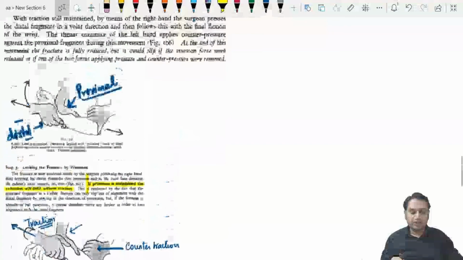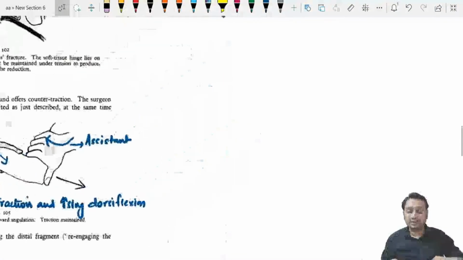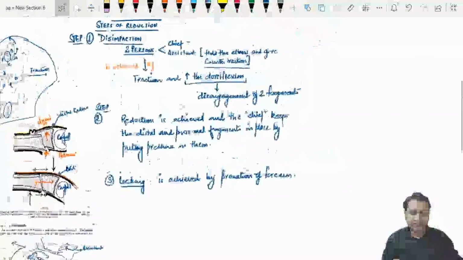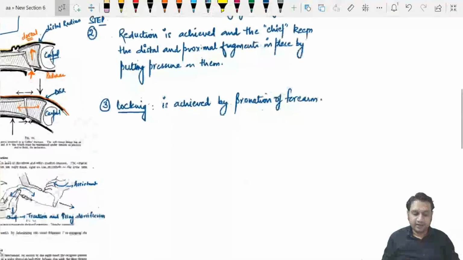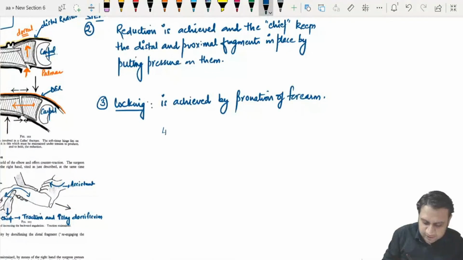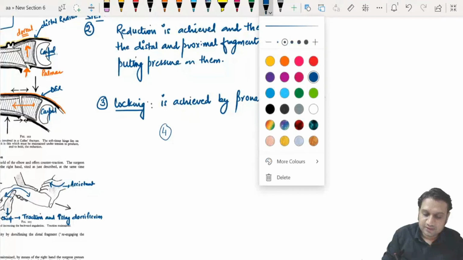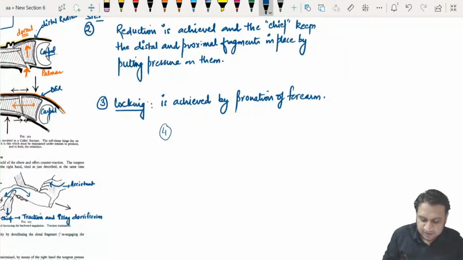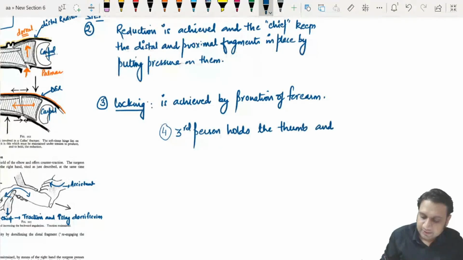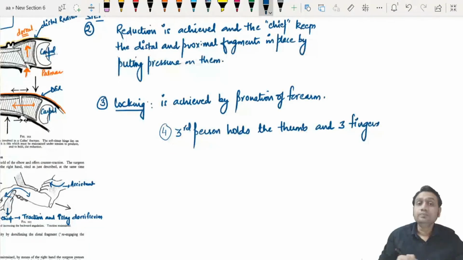Once these 3 steps are done, disimpaction, reduction and locking, then step 4 is that the third person holds the thumb and 3 fingers, right?